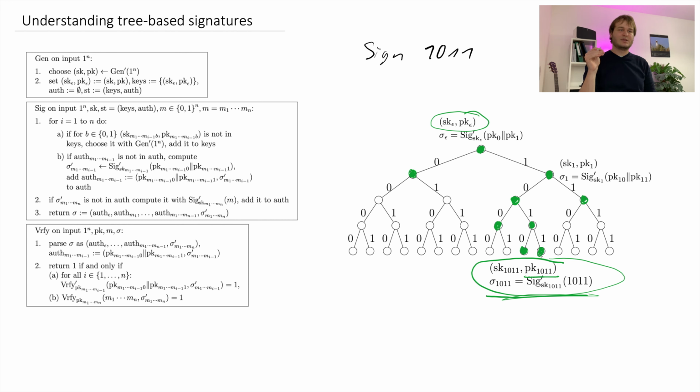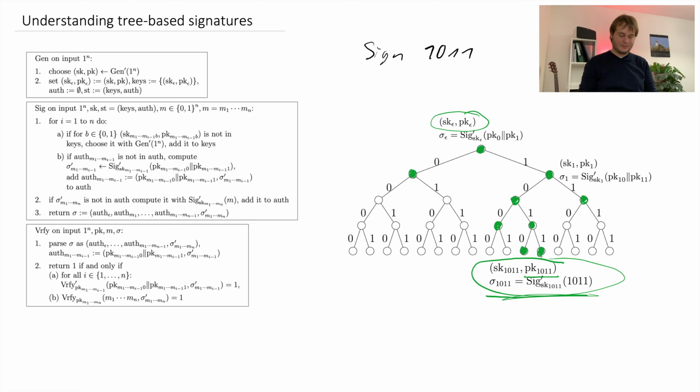There are n levels, so just 2n operations of generating keys. And maybe we even have some keys already in our state, then we don't even need to do a new key generation for those.